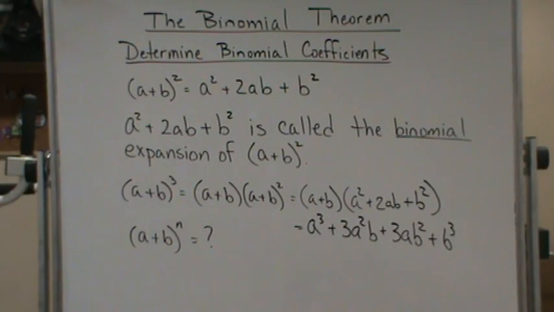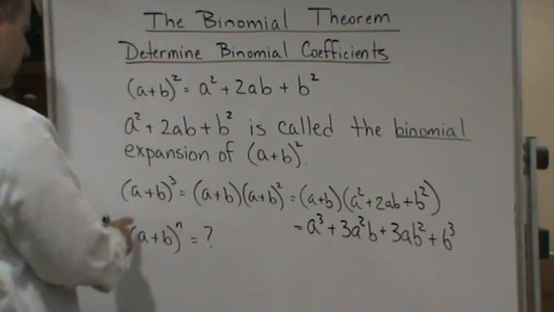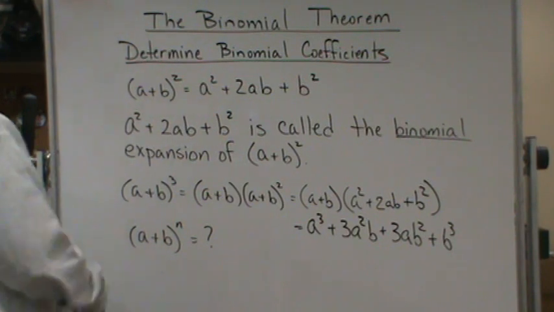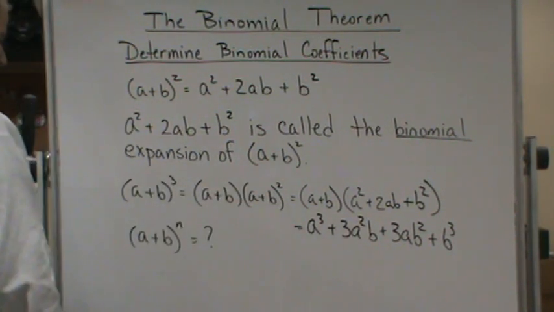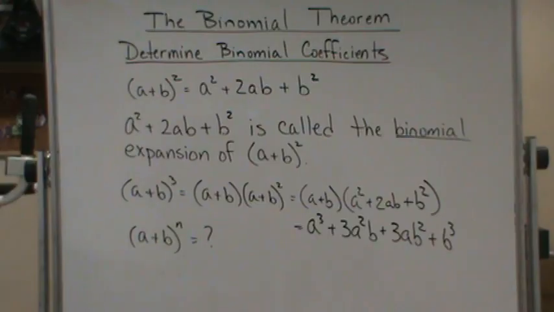But what if we expand this out to, let's say, (a + b)^4, right? We would do something similar. But what about the general expression (a + b) raised to the nth power? Well, we get an interesting pattern.